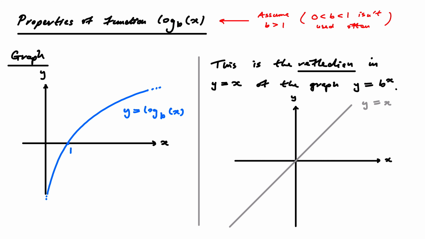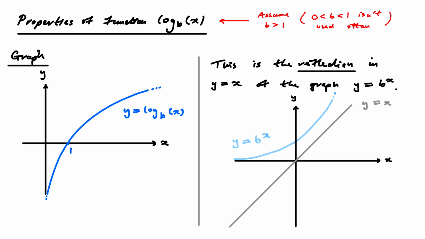We looked at this in the video on inverses, or the second video on inverses, I think. Was it the second? One of the two videos. So if I was to graph y is equal to b to the x, it's going to look like this. So this is y is equal to b to the x. I'm assuming b is strictly bigger than 1, so it's going up like that.